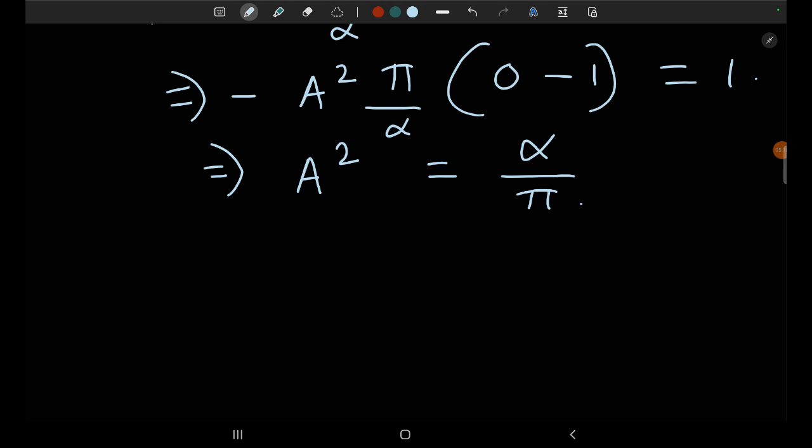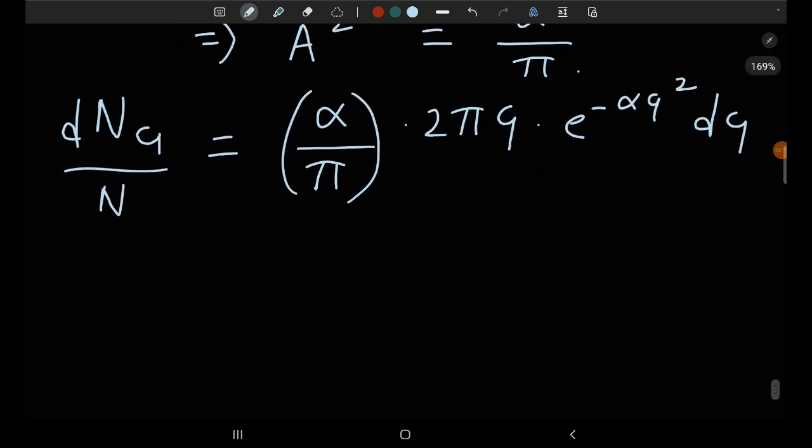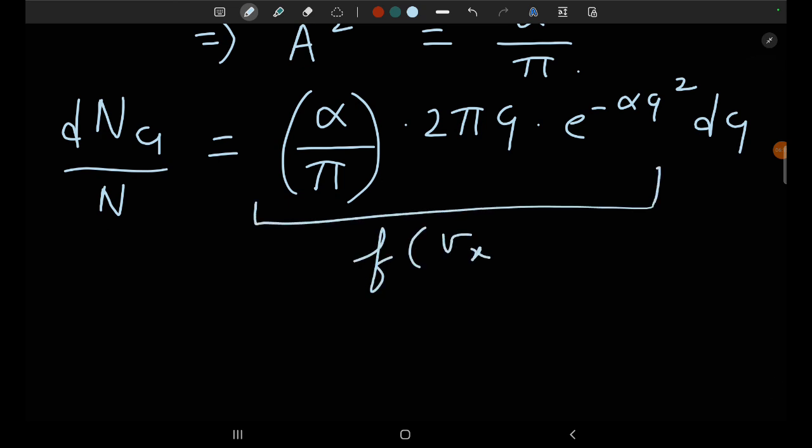So we have the value of a squared, which is exactly what we need. Let's first write the distribution in terms of dnc1 by n. We had a squared, which is alpha by pi, times 2 pi c1 into e to the power minus alpha c1 squared dc1, and this was actually our probability density function.